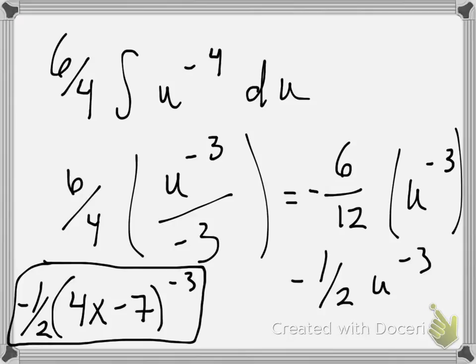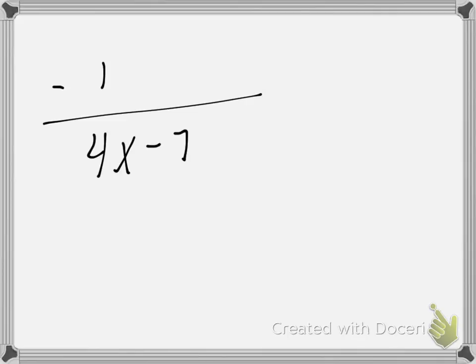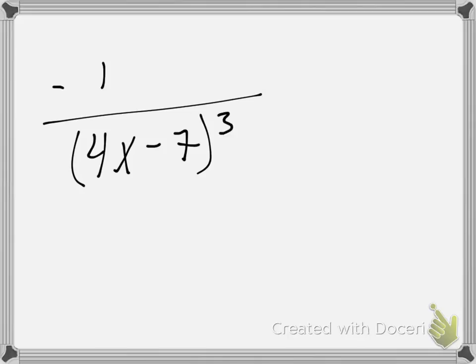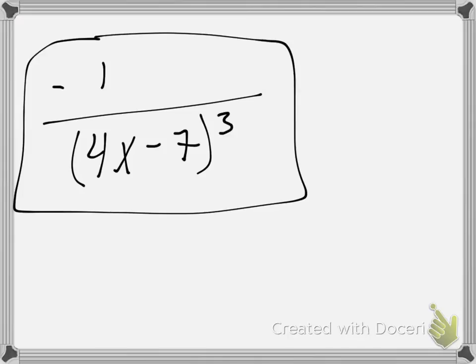And if they wanted the answer with positive powers, we would rewrite it as negative 1 over 4x minus 7 quantity to the 3. And there's always an understood c being added on.